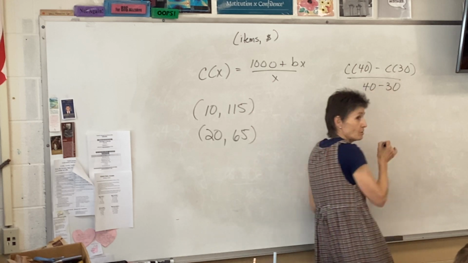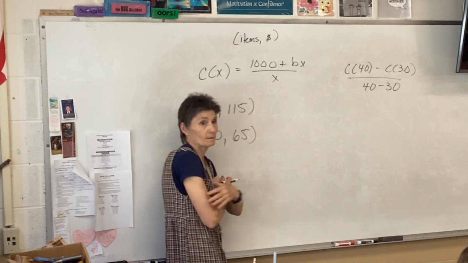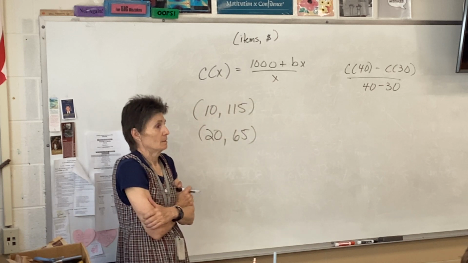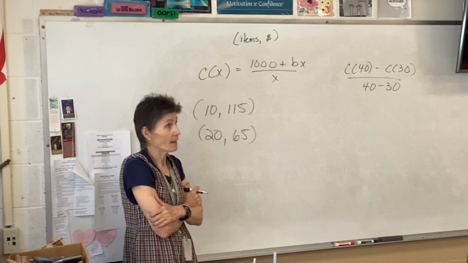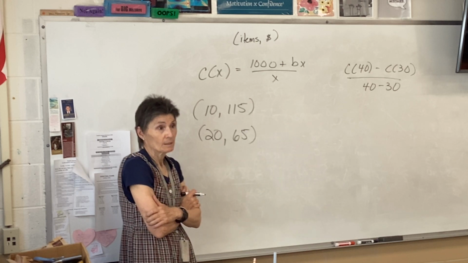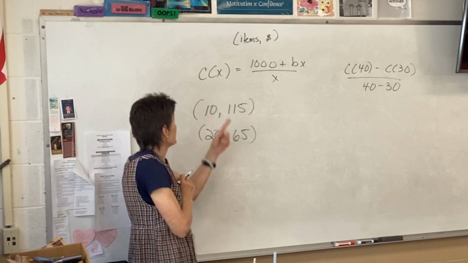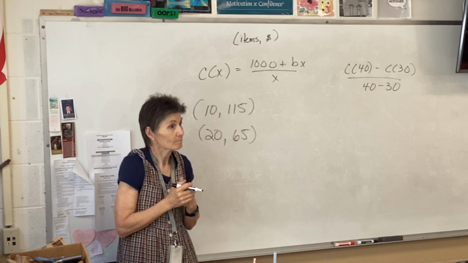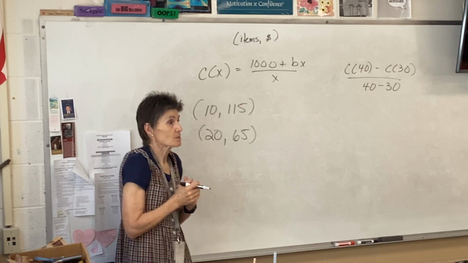Does that make sense to you? That ultimately that's what we're gonna do? Okay, what's the problem? I don't know C of 40. I would normally just plug it in, but I don't know B. Right? So what do you think?